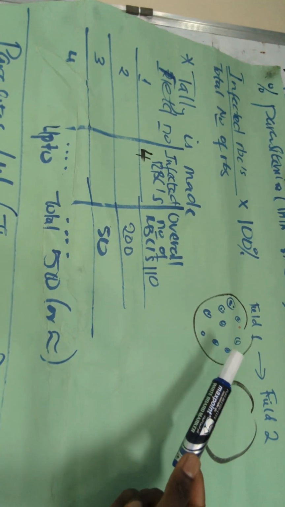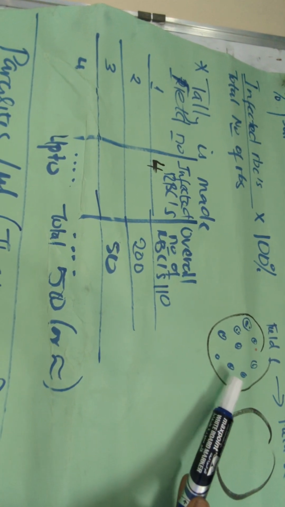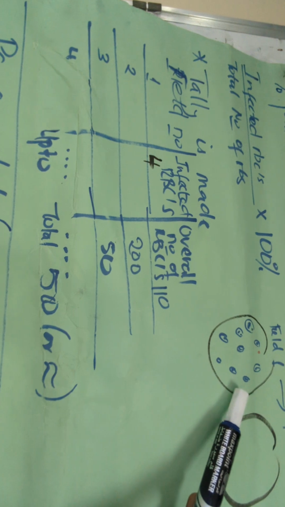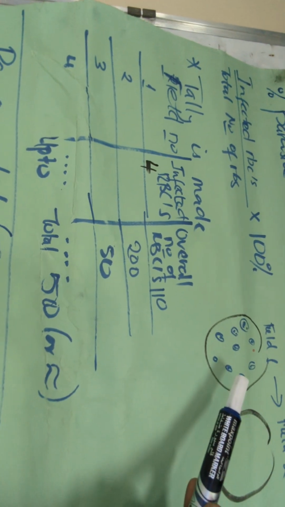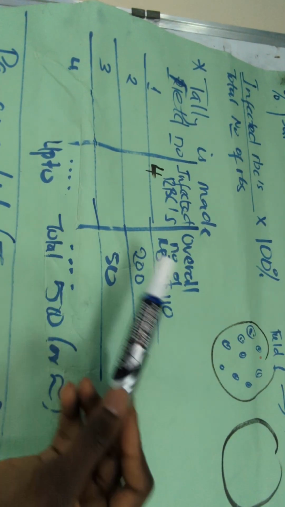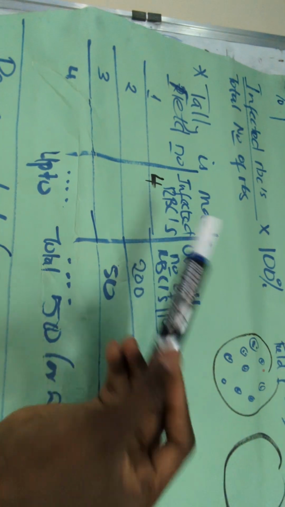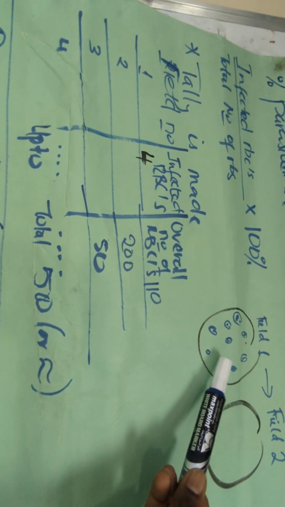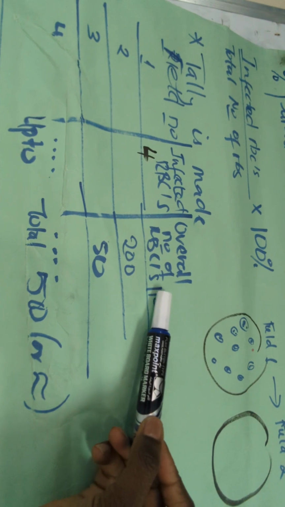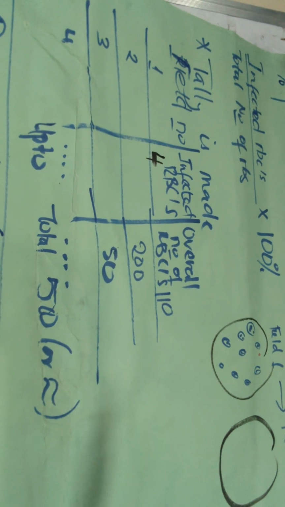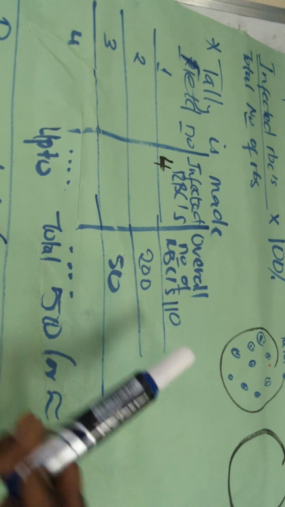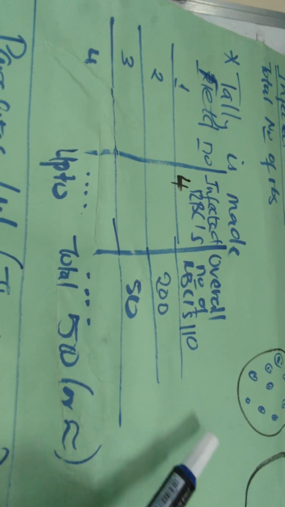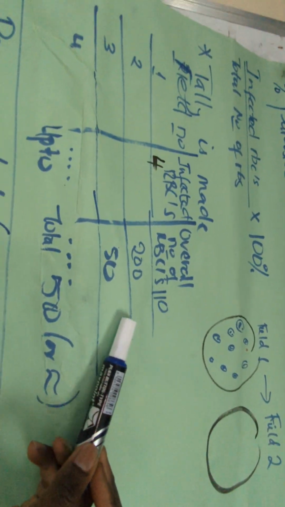For example, your field 1, you do a count: how many red blood cells in this field are infected? You document that, and then you also document overall how many red blood cells are present. Whether infected or not infected, you document that. And then you go on to the next field, you do the same, field 2, and so on.